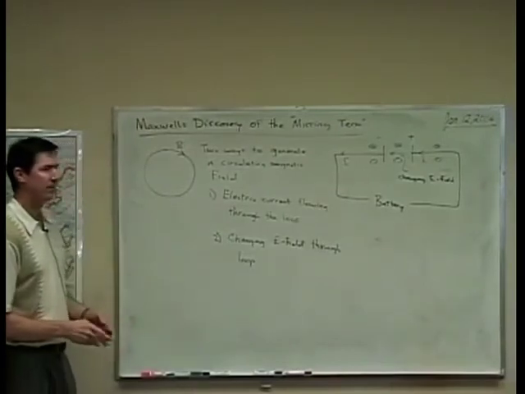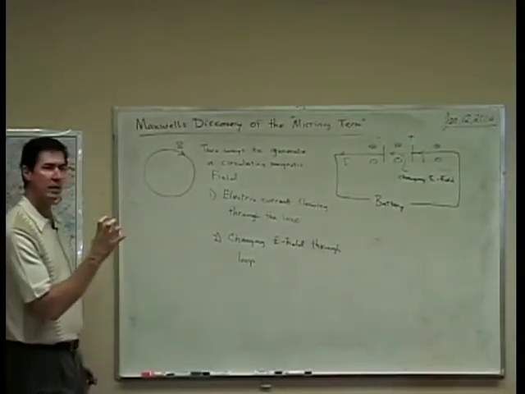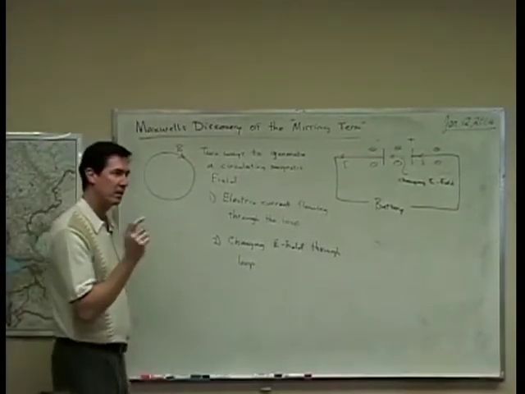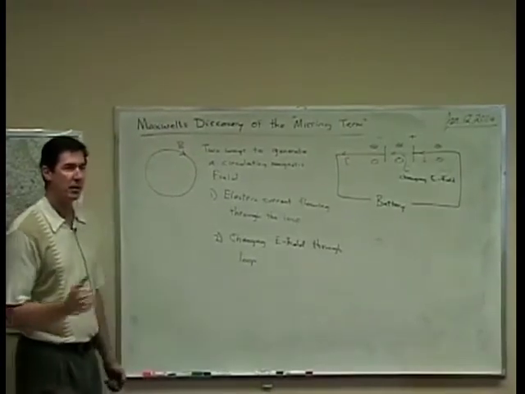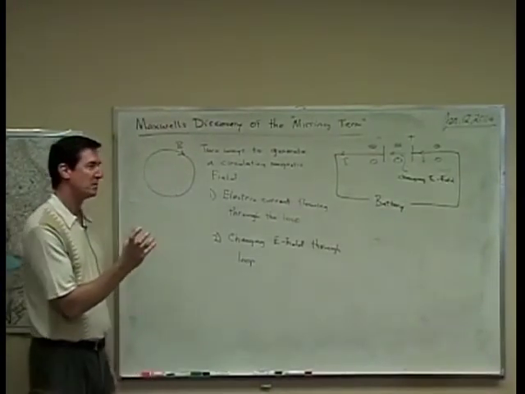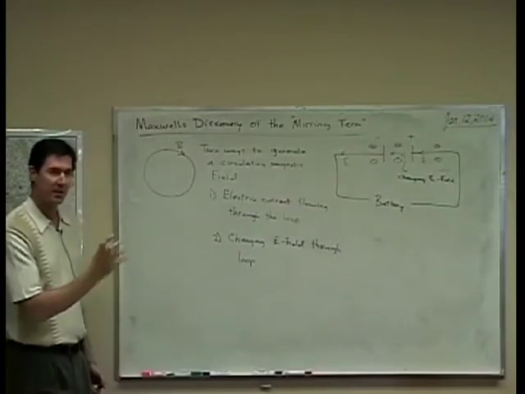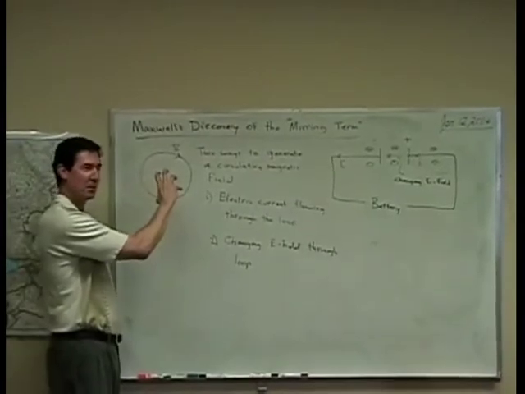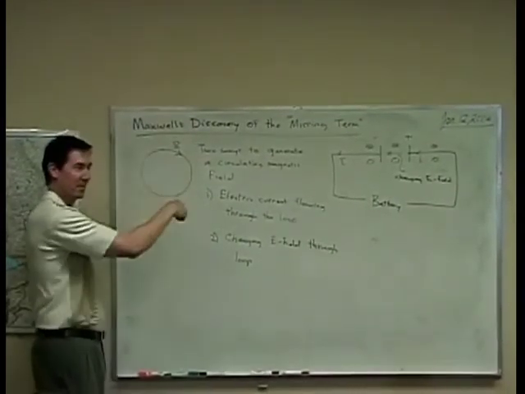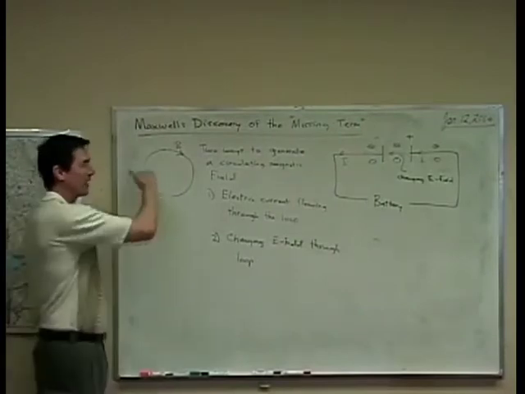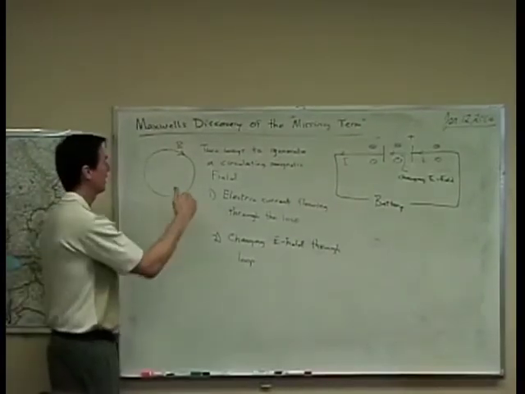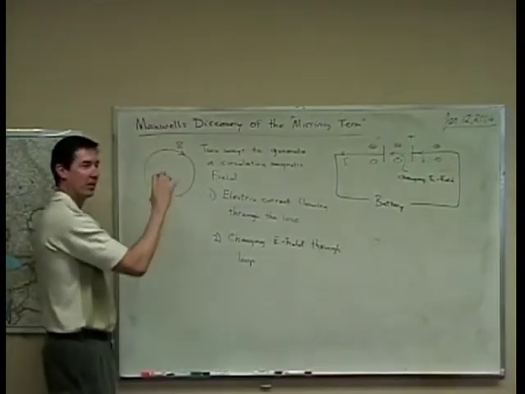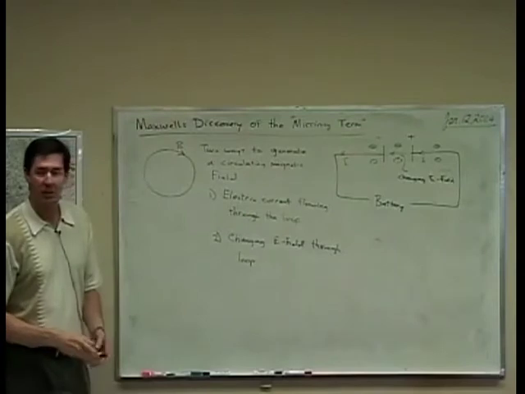So if you had a big ball of charge, I mean, if we spun a glass ball around really fast with rubbing a cat against it, and we brought it up to this loop, we would generate that kind of B field, the same kind of B field we get from putting a current through the loop, just because we're changing the flux of electric field through the loop.